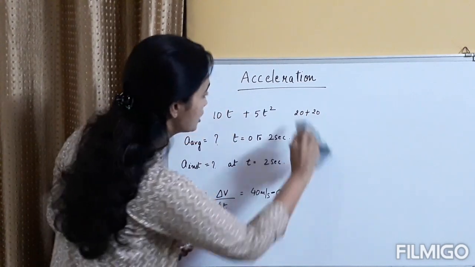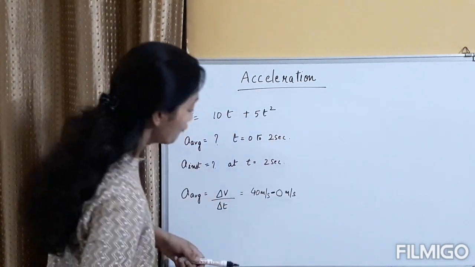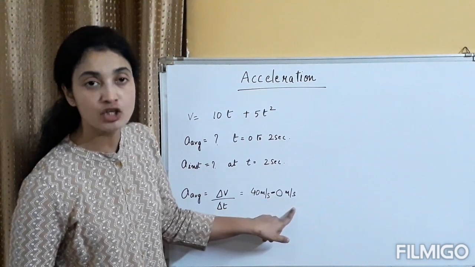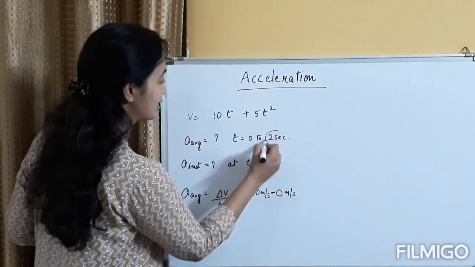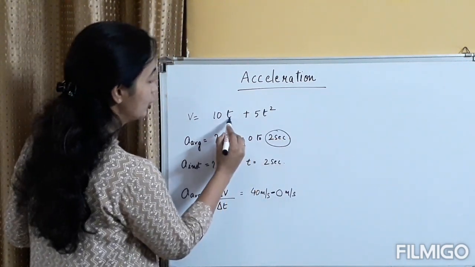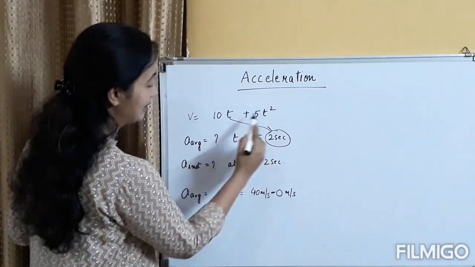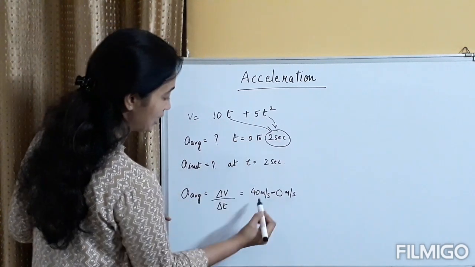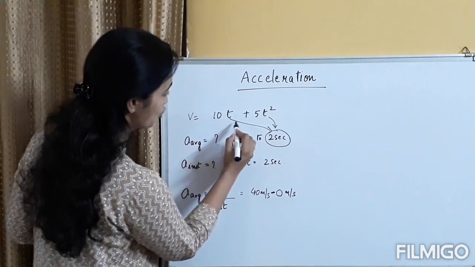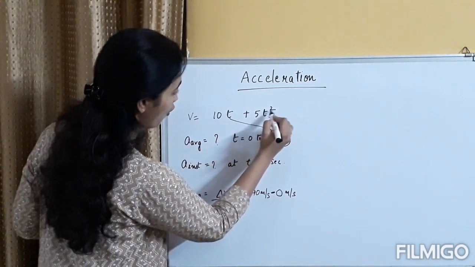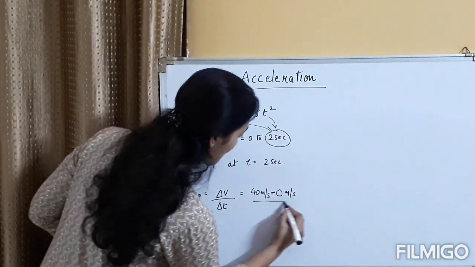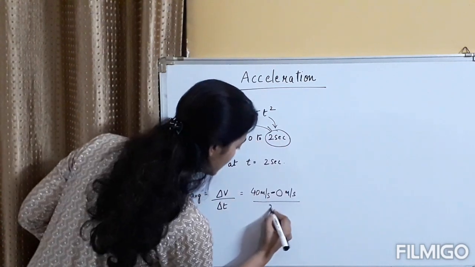Why have I taken it like this? Because it is final velocity minus initial velocity. Final velocity is when time is 2 seconds. Putting the value of t as 2 seconds, I get 40 meters per second: 10 into 2 is 20, plus 5 times 4 is 20. And the time interval is 2 minus 0.